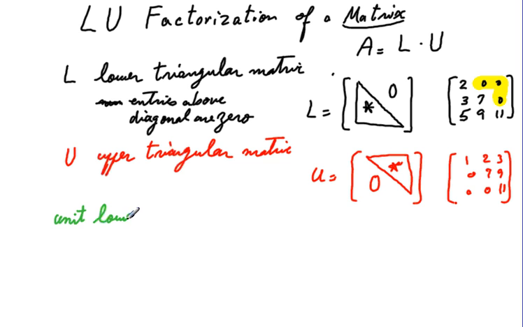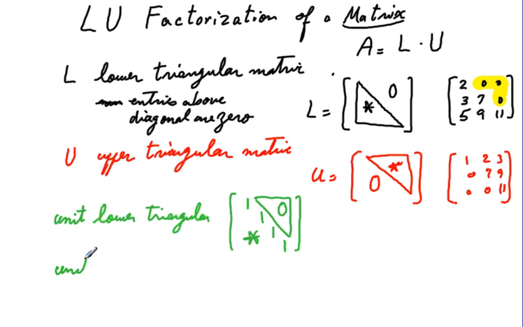Unit lower triangular: we simply insist that in this triangular matrix you have managed to make all of the diagonal entries 1. So they all got to be 1s here. Down here could be anything. Up here got to be 0. This 0 simply means everything in this neighborhood is all 0.